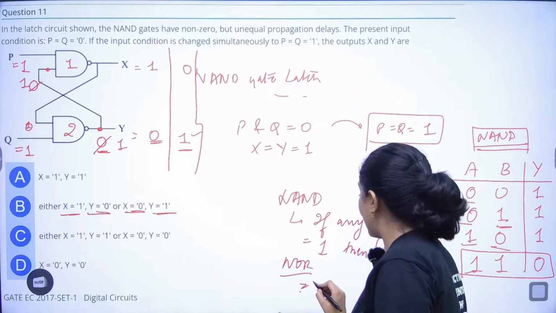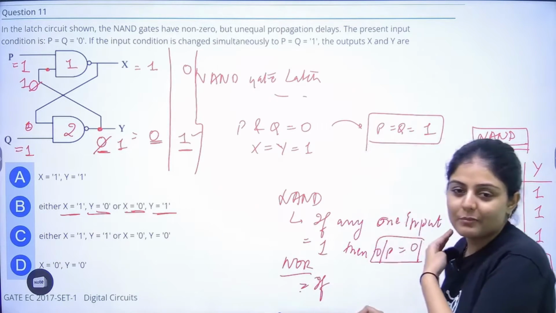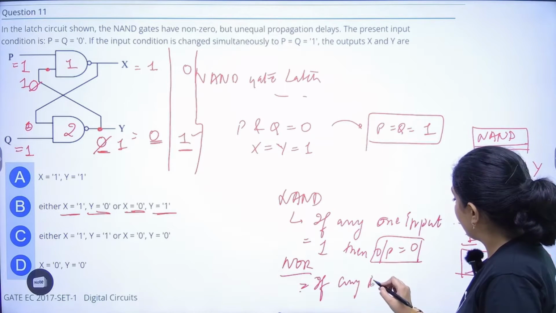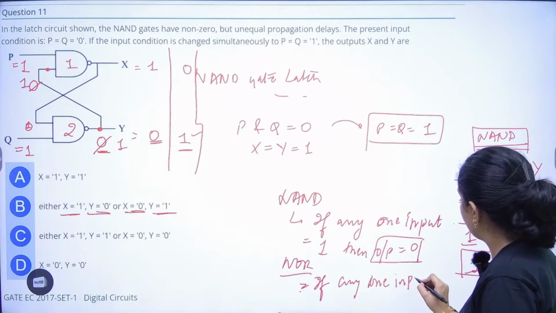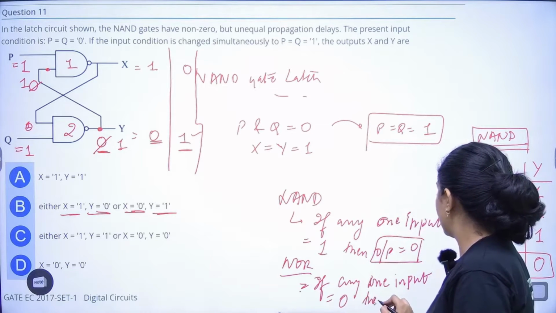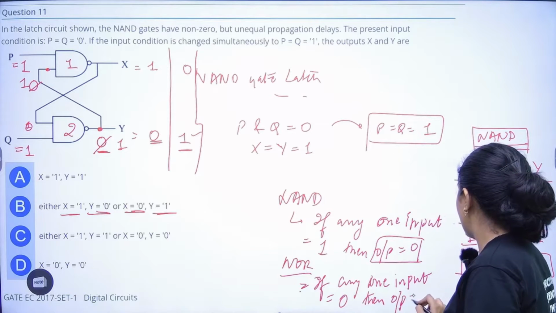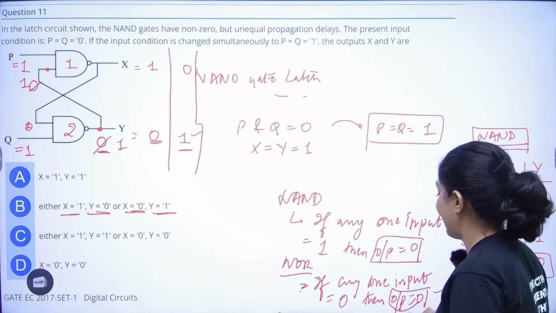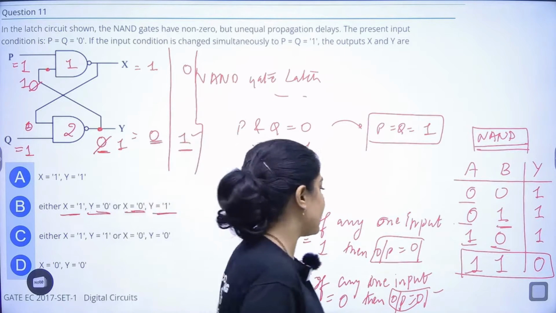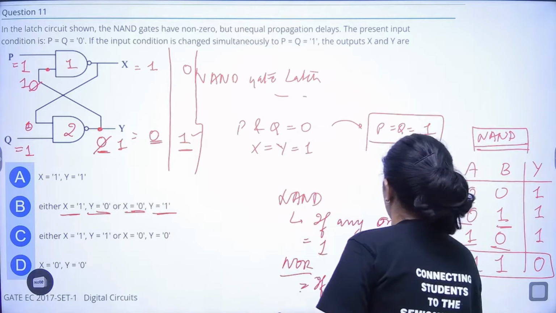In NOR, the previous table I drew by mistake was the NOR table. If any one input is equal to 0, then output is equal to 0. If any input is equal to 0, then output is equal to 0. So that will be for NOR table.